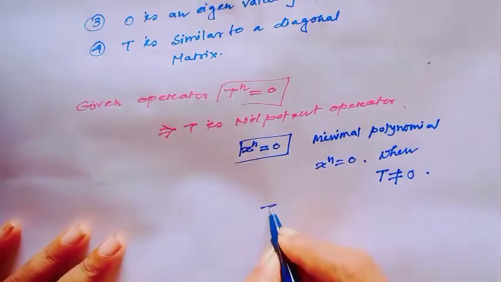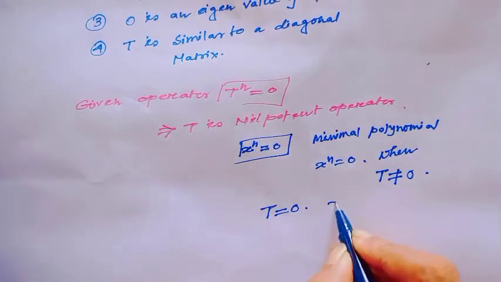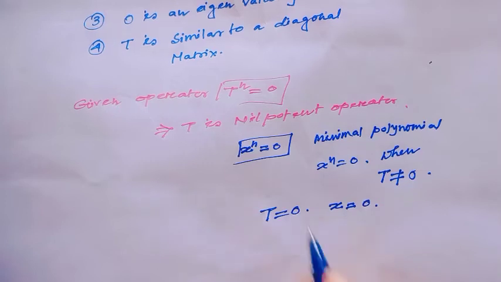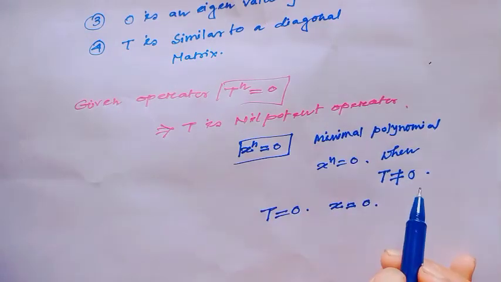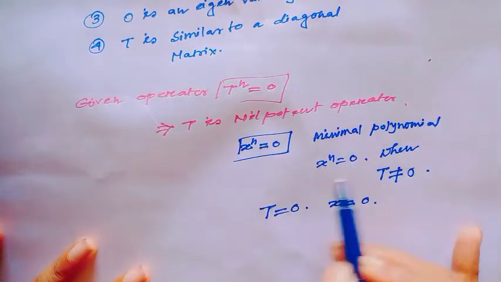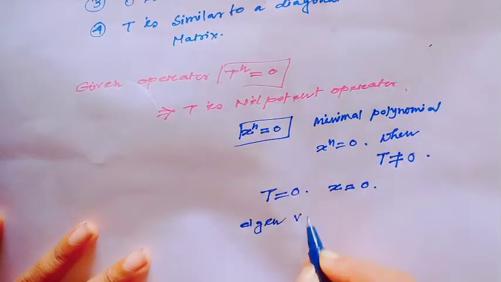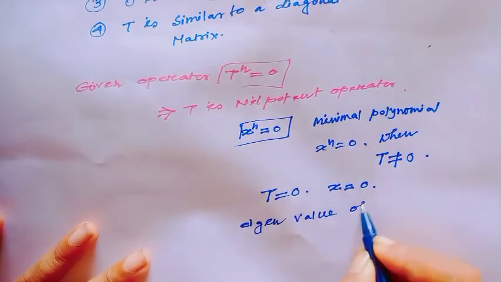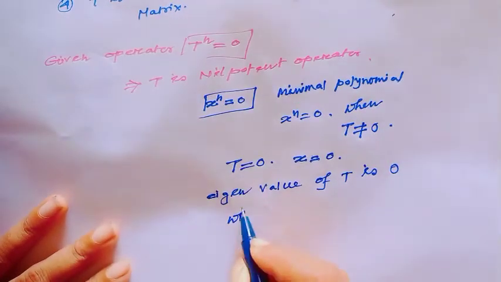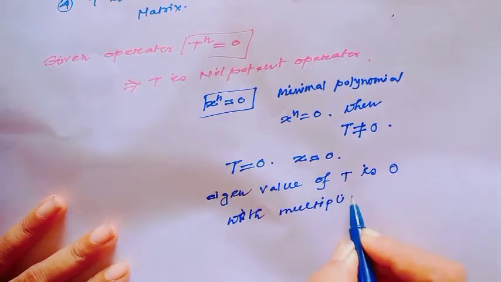When T is the 0 operator, then the minimal polynomial is x equal to 0. And when T is not equal to 0, then by this concept we can tell the eigenvalue of T is 0 with multiplicity n.